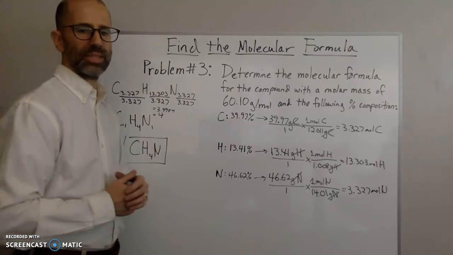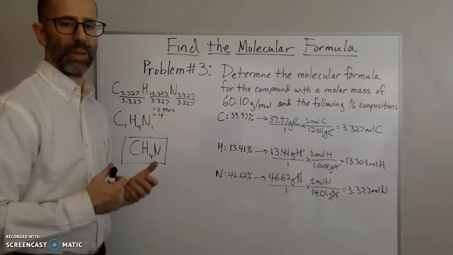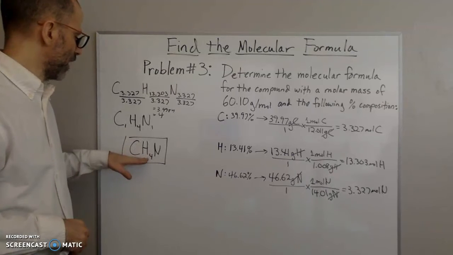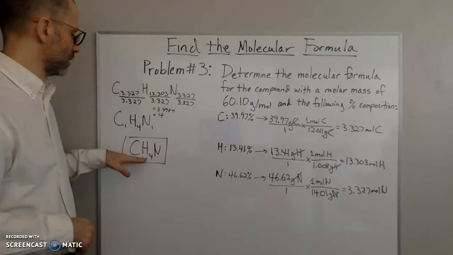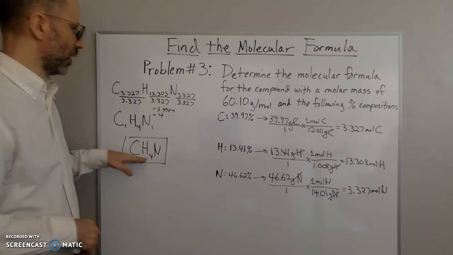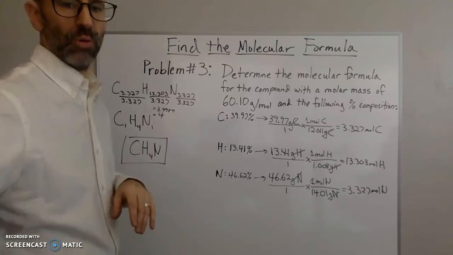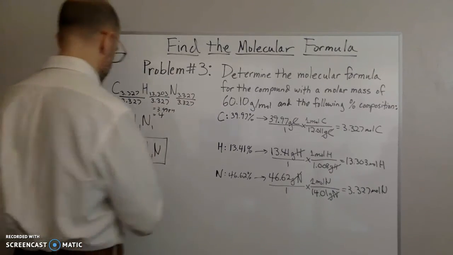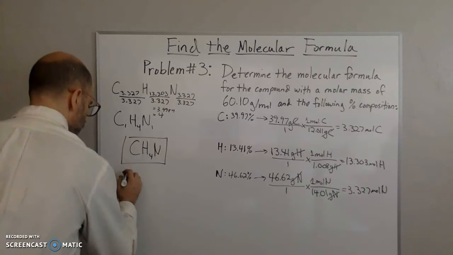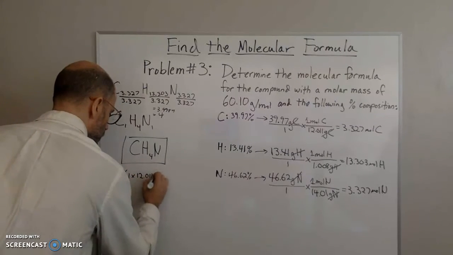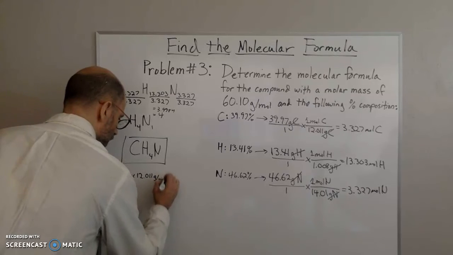Now the problem is asking for the molecular formula. So I'm not done. Now what I need to do is find the formula mass for the empirical formula and compare that to the molar mass that they gave me. So we need to find the empirical formula mass. We have 1 carbon, so 1 times 12.011 grams per mole for the carbon.